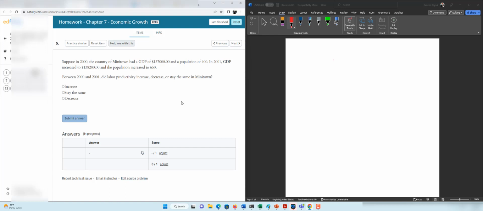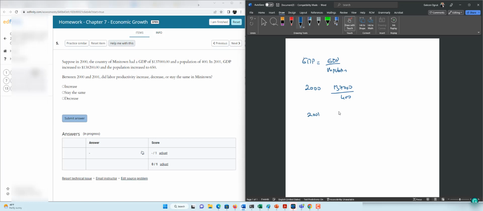And now we need to find out whether productivity increases, decreases, or stays the same in Minitown over these years. So to calculate this, first we need to find GDP per capita. Here GDP per capita is equal to GDP divided by population. For the year 2000, it's 137,000 divided by 400.